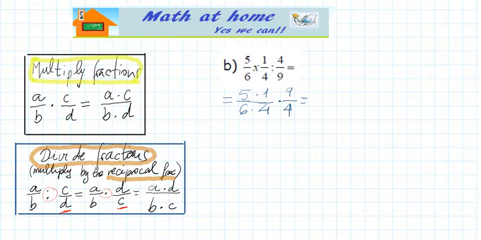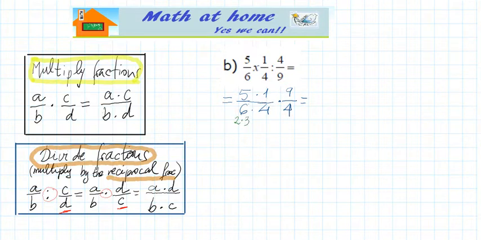And now the only thing we have to do is to multiply. But look at something. Here we have the number 9, and here we have the number 6. Number 6 is 2 times 3, and number 9 is 3 times 3. So imagine that we substitute this number 6 by 2 times 3.